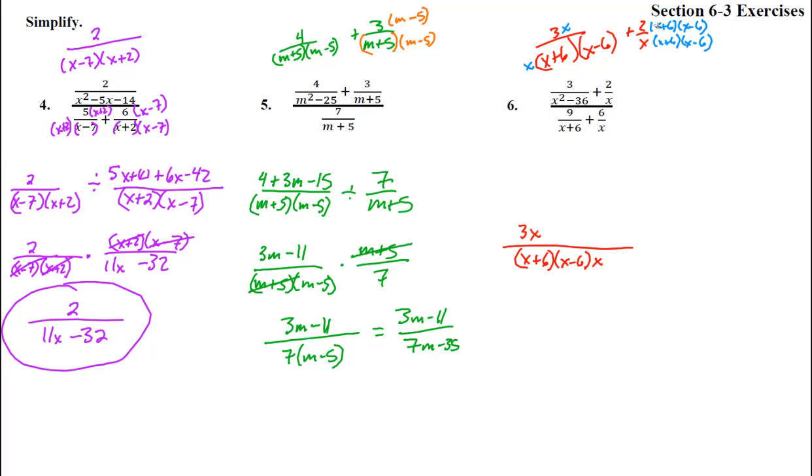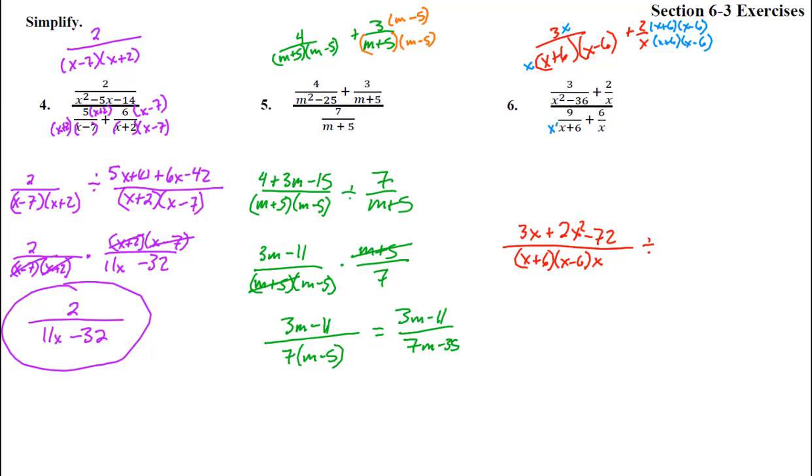So we got a 3x plus, this is x squared minus 36. So that's plus 2x squared minus 72. Double check that x plus 6 times x minus 6. Yeah, that's really, we're timesing this x squared minus 36 by that 2 right there. Wow. Then divided by, now let's look at the bottom fractions. We need a common denominator on the bottom.